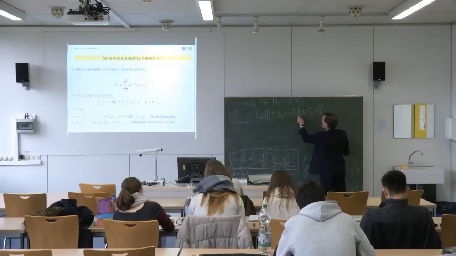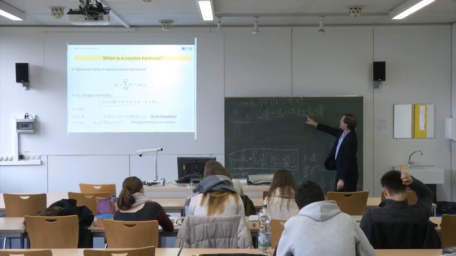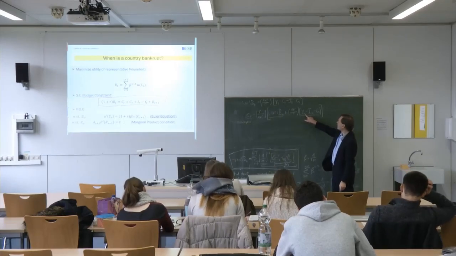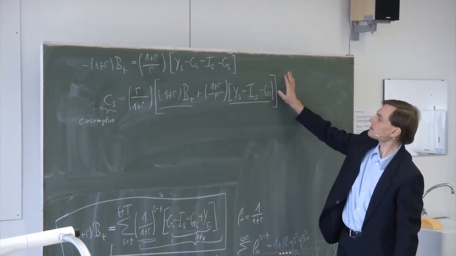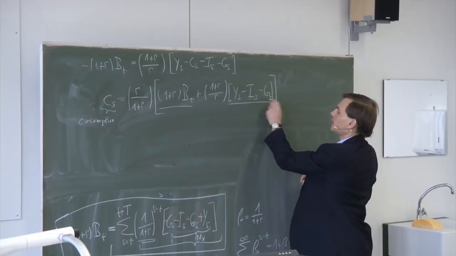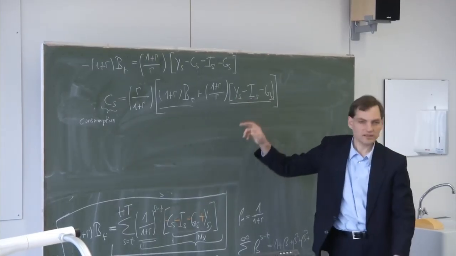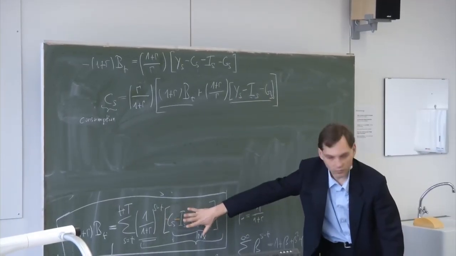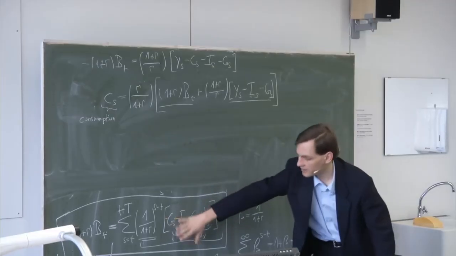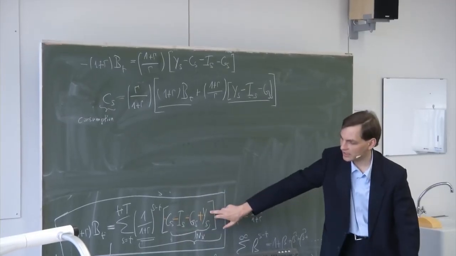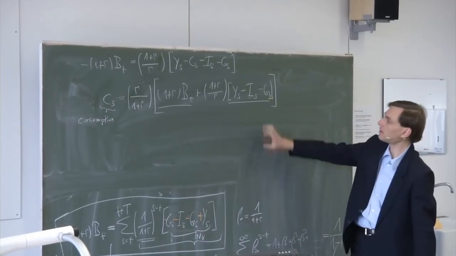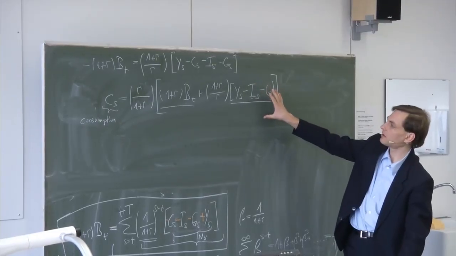And then you have also here the discount of the income you create in your economy, right? Income minus investment minus government spending in period S. Yeah? So this is once again the kind of net foreign wealth, yeah, the present value of the net foreign wealth, like we had here in the more general budget constraint, but now just for one period.